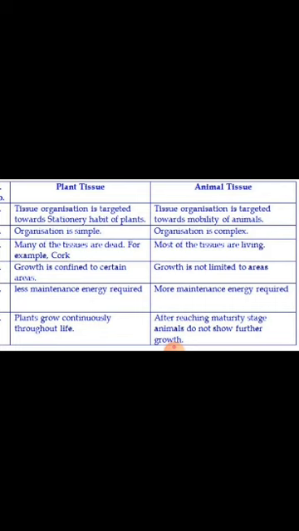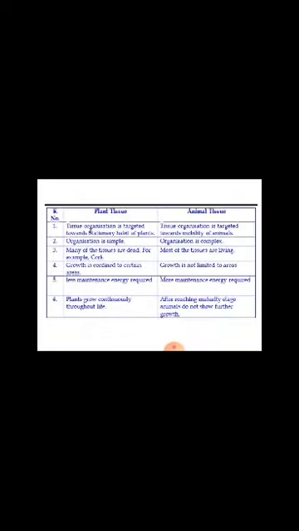Now these we have already discussed. This is just a quick revision. When we talk about simple tissues and complex tissues, from the name itself we can understand that simple tissues are made up of only one type of cell, whereas complex tissues are made up of more than one type of cell.